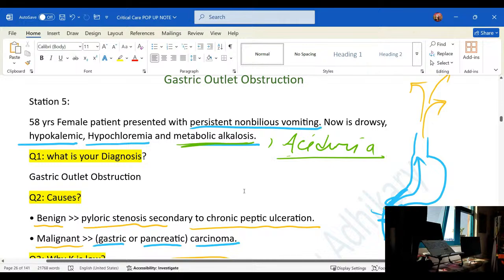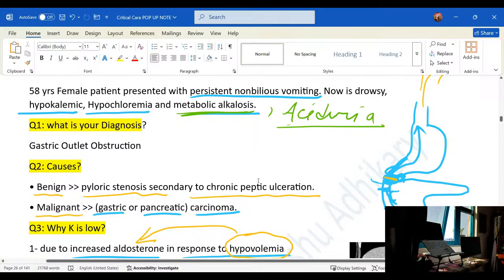Causes: benign, such as pyloric stenosis secondary to chronic peptic ulceration, and malignant, such as gastric or pancreatic cancer.